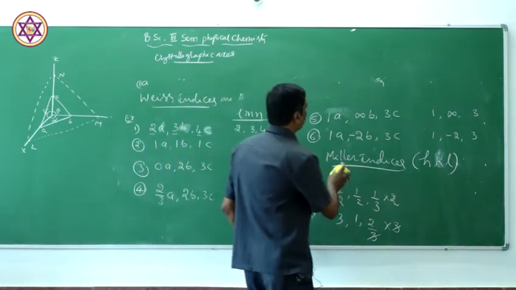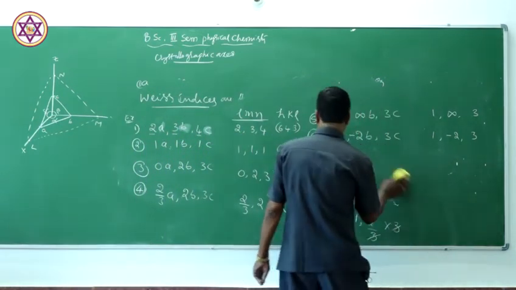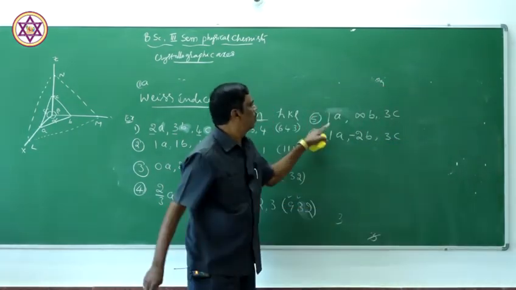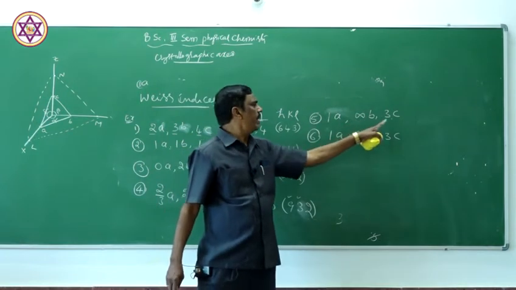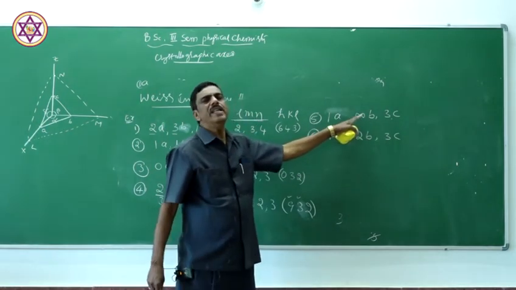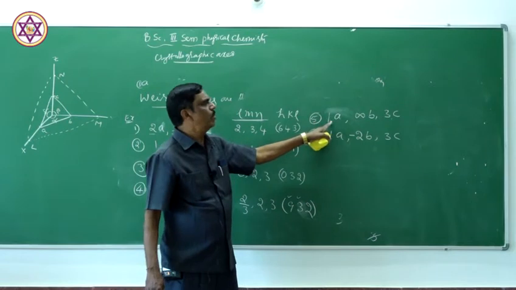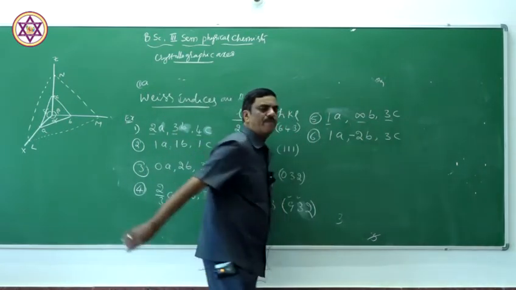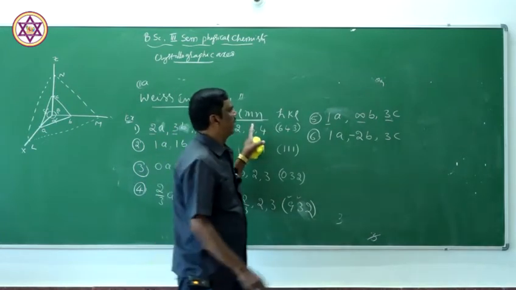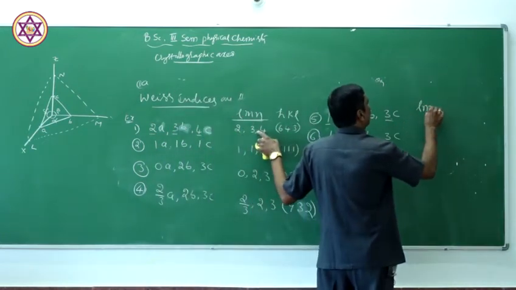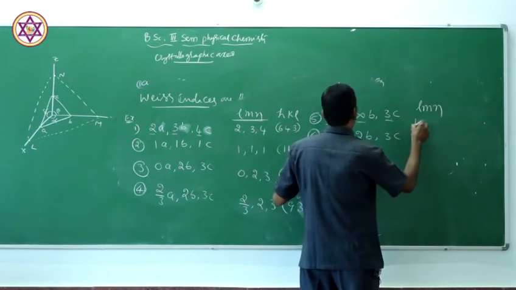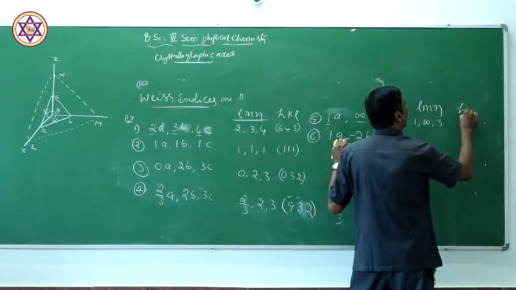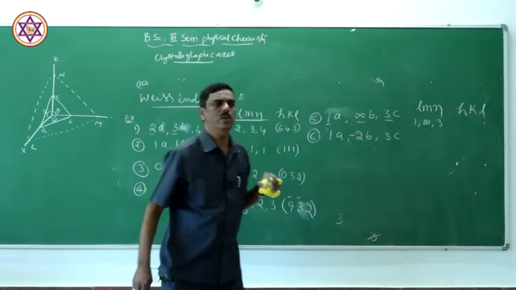Similarly, suppose the plane is 1 A, infinity B and 3 C. So, when infinity is there, how to write the Miller indices? The indices are 1, infinity and 3. How to convert this into HKL?